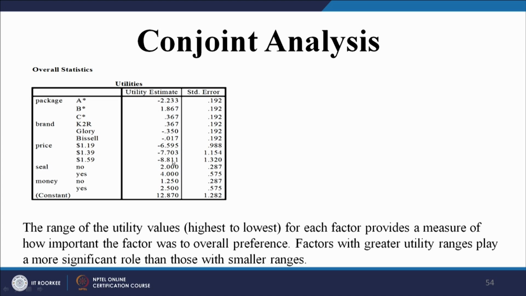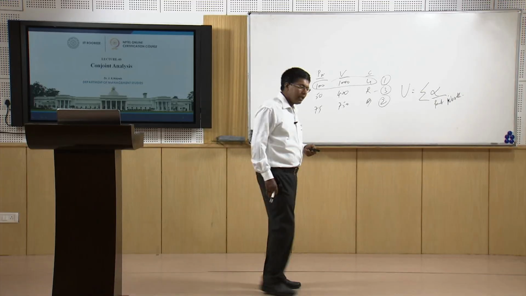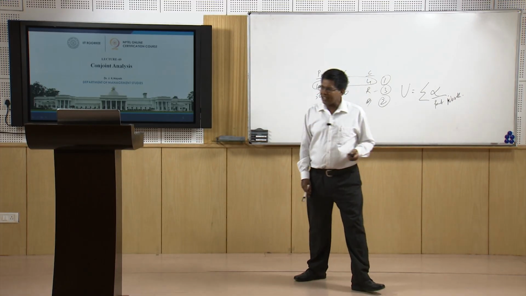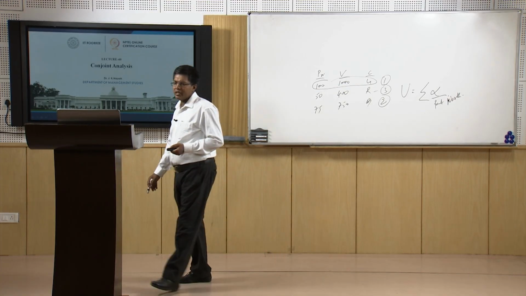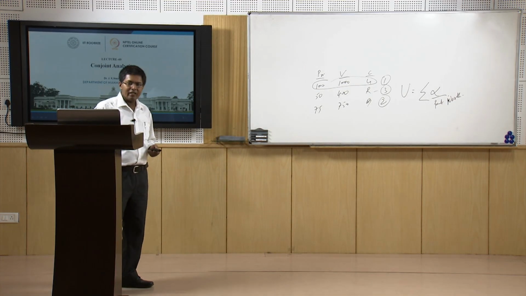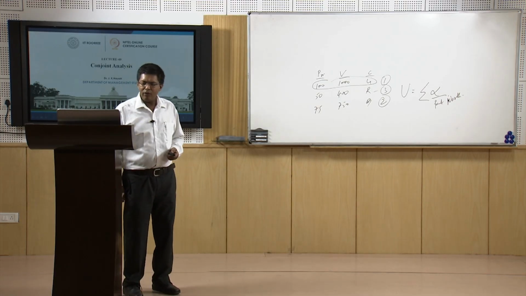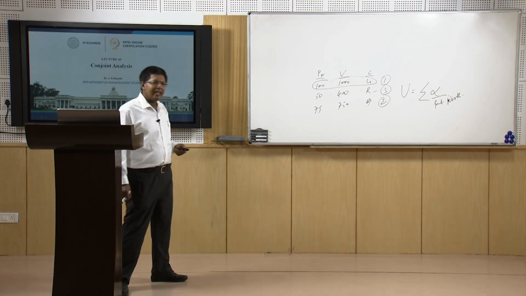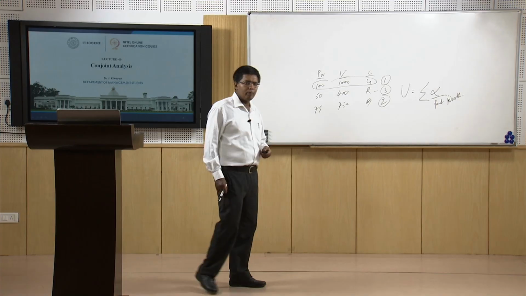If you forget the negative and positive sign and take the absolute value, price plays a very significant role in impacting the preference. Similarly, seal also has an impact, but brand hardly has an important role to play.